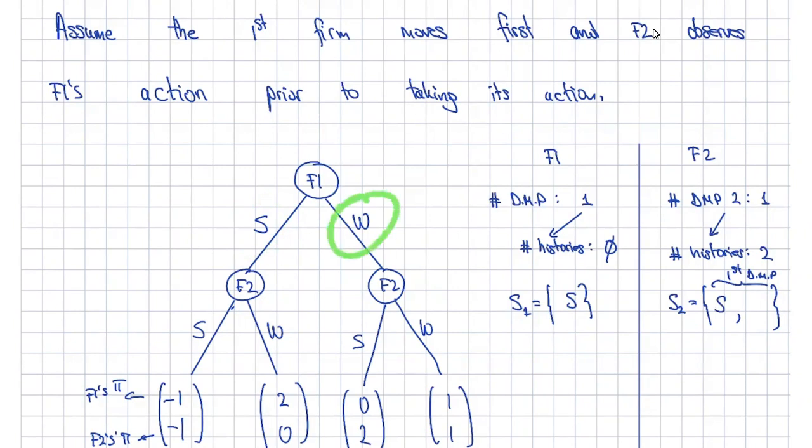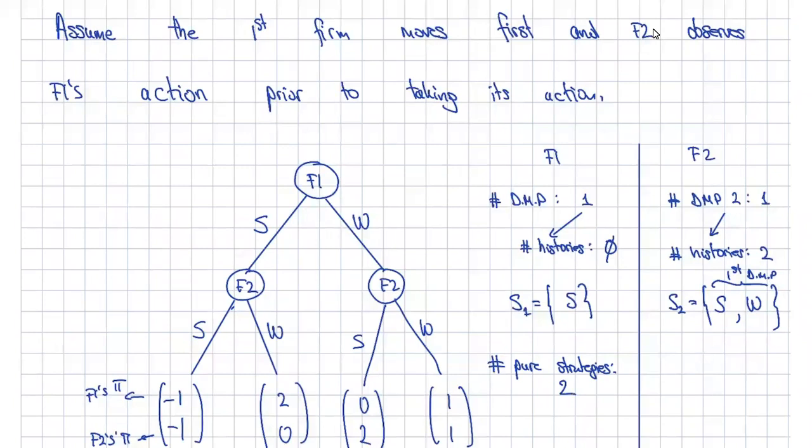And if weakness was observed, I could also play weakness, for example. That could be one possible strategy. Now, if I were to ask you, what is the number of pure strategies here? Well, you would hopefully by now say confidently, this is 2.